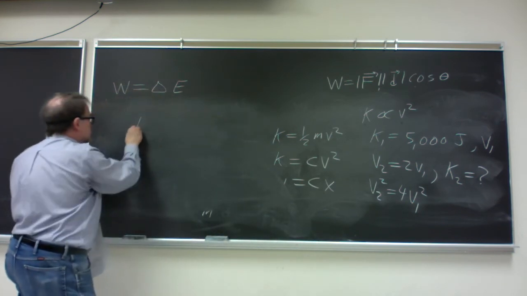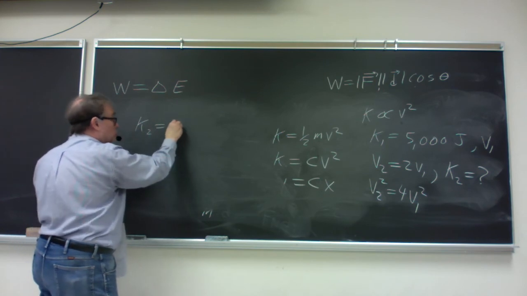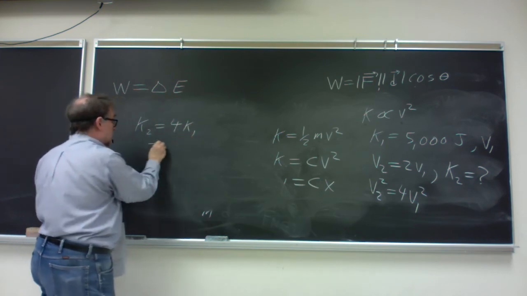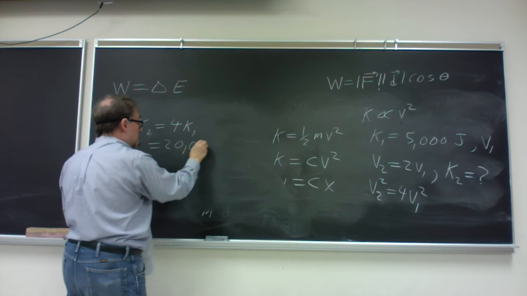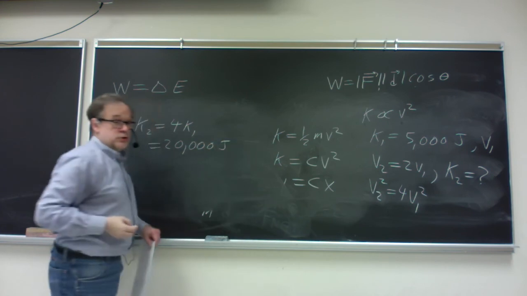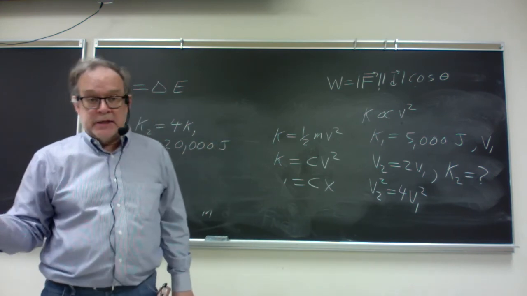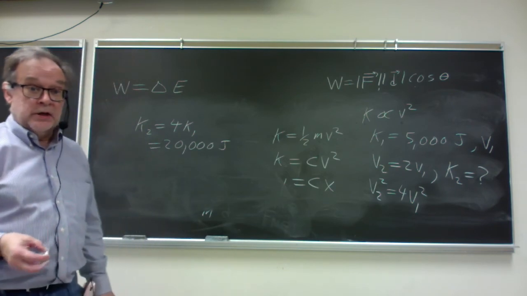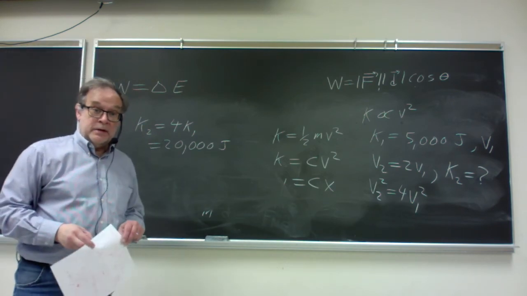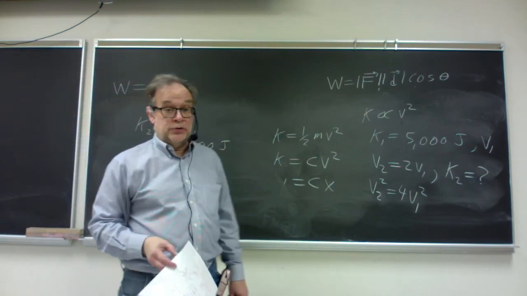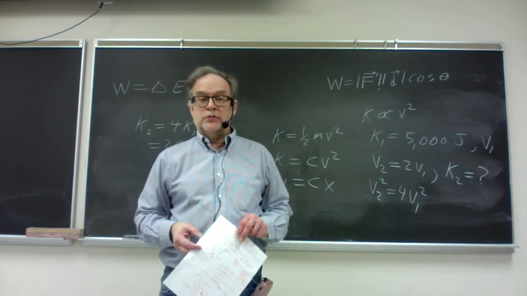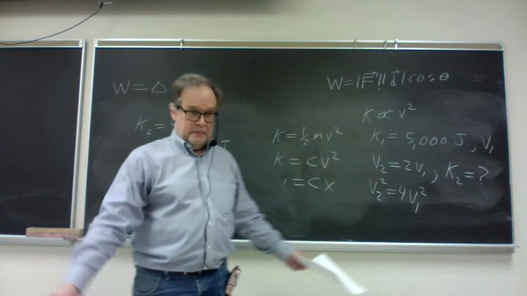The new kinetic energy is 4 times the old kinetic energy, and that would be 20,000 joules. The kinetic energy does not double to 10,000 joules, it quadruples to 20,000 joules, because the kinetic energy is not proportional to velocity, it's proportional to velocity squared.